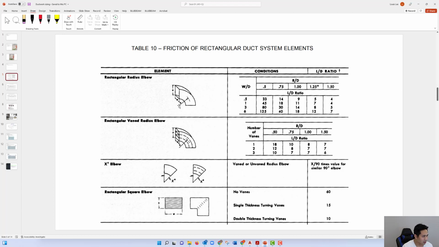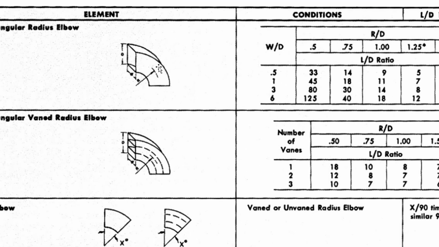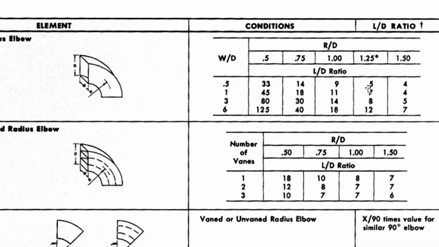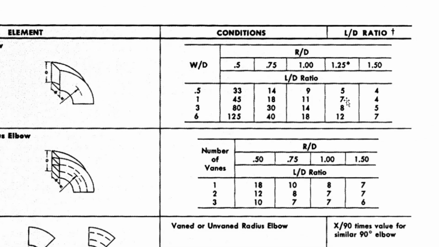So this distance from the center point of this curvature to this midsection of this duct will be 35 inches. And that's going to give us the L/D ratio of 7.